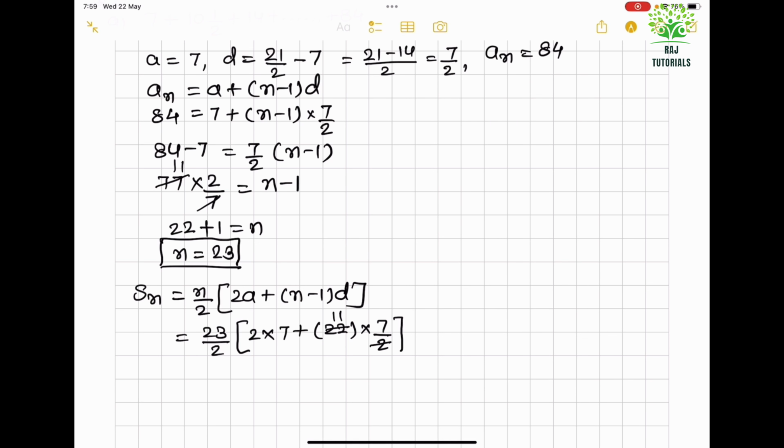So I have cut here only 2 and 22. So 23 by 2 into (14 plus 77). So that will be 23 by 2 into 91. So 2093 by 2.